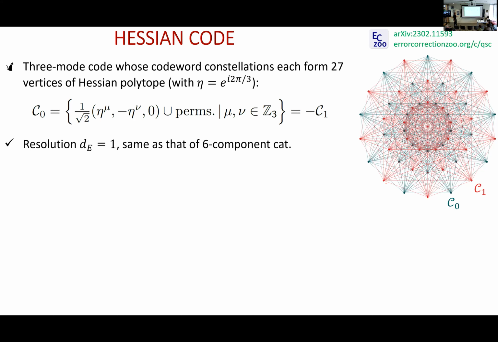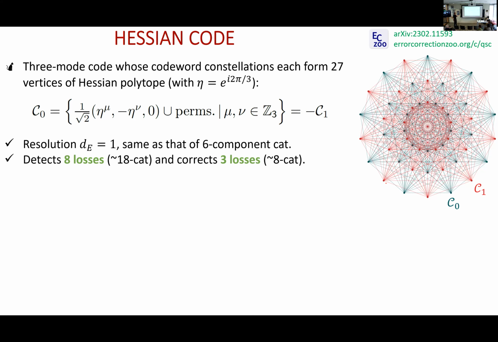What do you gain though? Well, check it out. So the resolution is the same as that of a 6-component cat. Okay, but this detects as many losses as an 18-component cat and corrects as many losses as an 8-component cat.